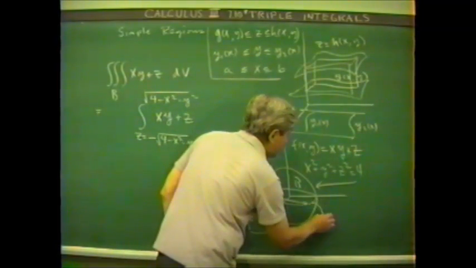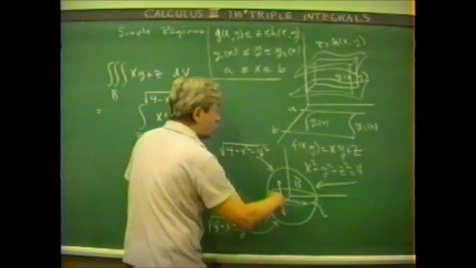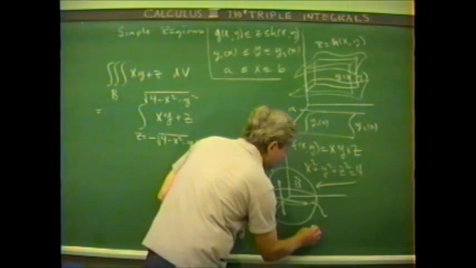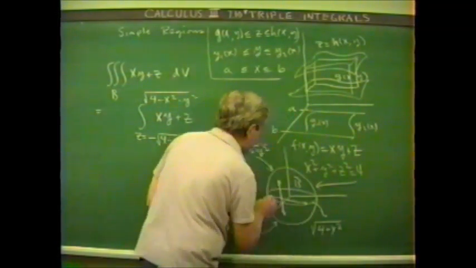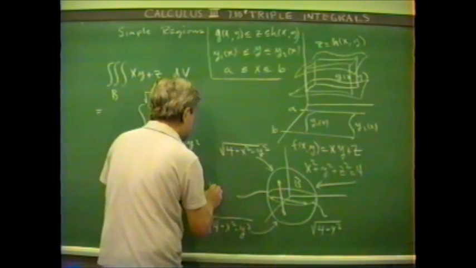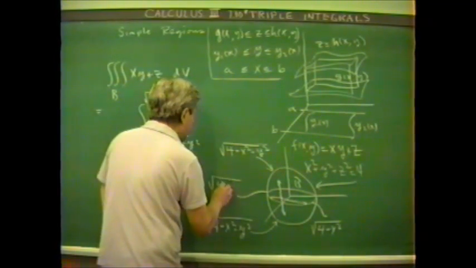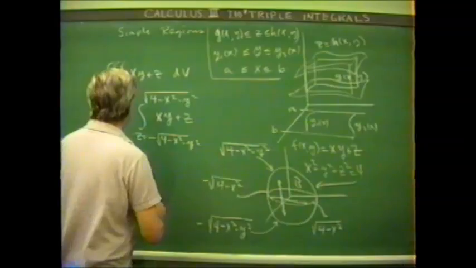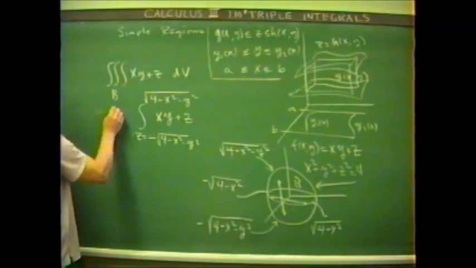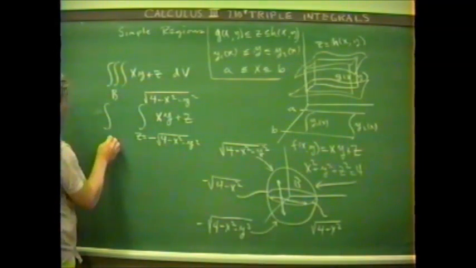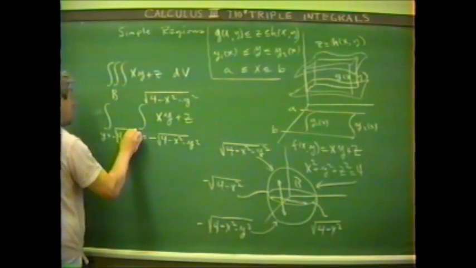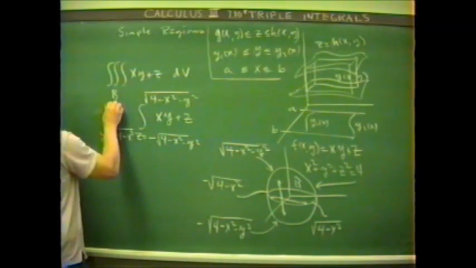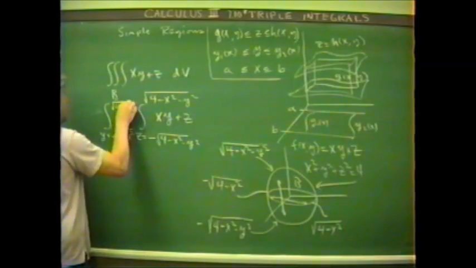Now this side right over here, this is the circle of radius 2, so this side right here is described by the square root of 4 minus x squared. This other side of the circle is the negative of the square root of 4 minus x squared. So we next wish to integrate from y equals minus the square root of 4 minus x squared to y equals the square root of 4 minus x squared.